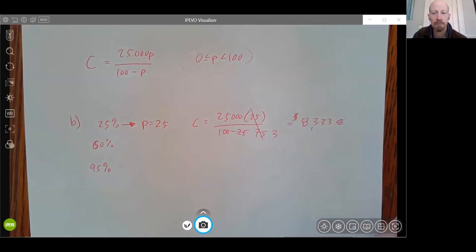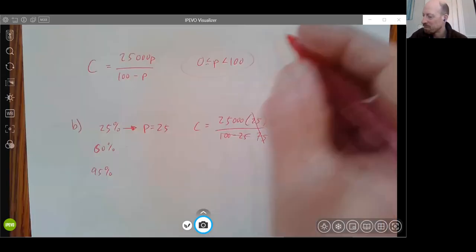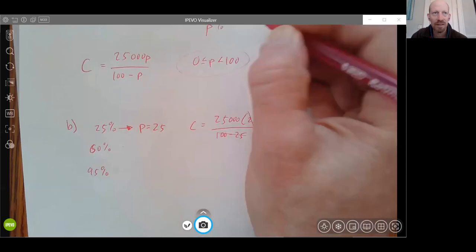So it's not going to be 0.25 because it's a percent? Well, if we look at what it says, the way it's written is that it's P percent.